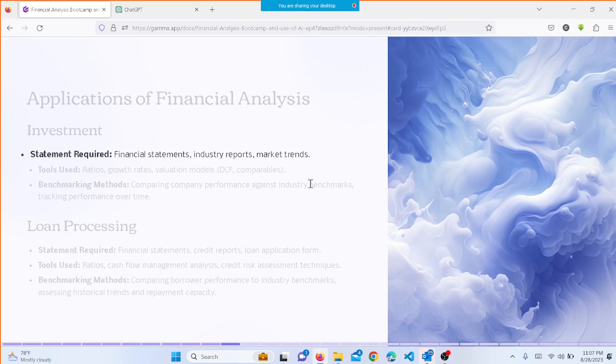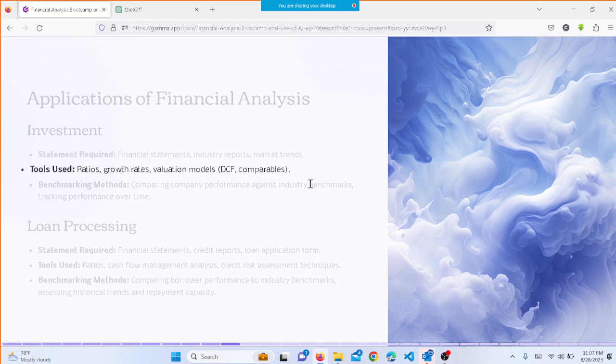What are the demand factors in the industry? How is the demand-supply gap? What are the market trends? Is the demand growing or shrinking? Is supply growing or shrinking? So there are multiple analyses that we have to do for investment purposes.